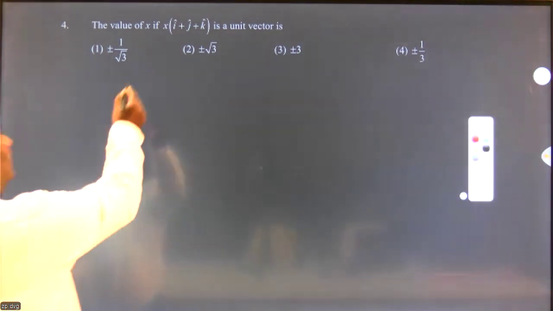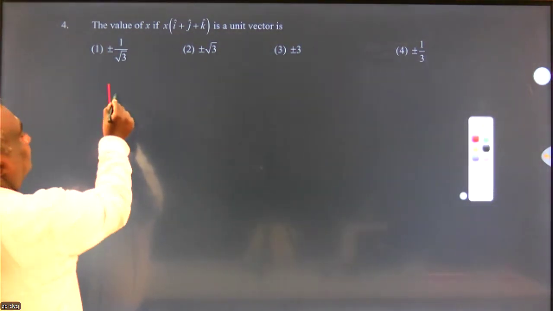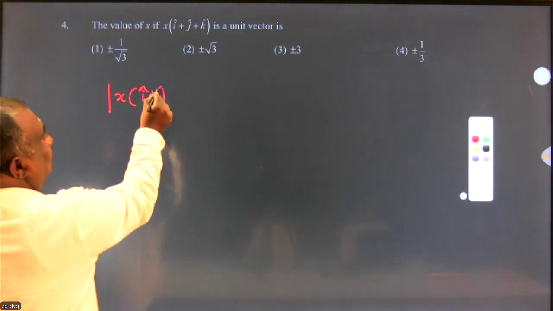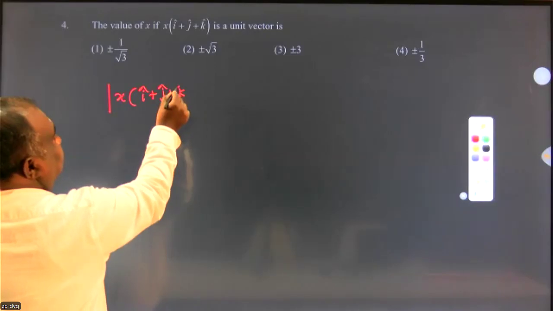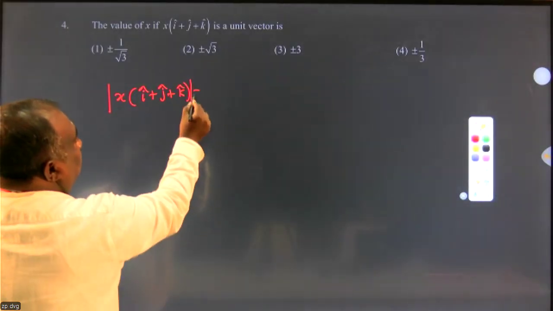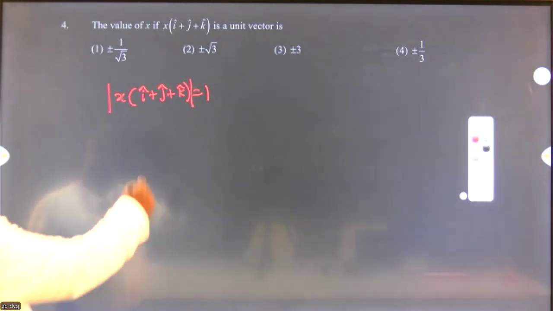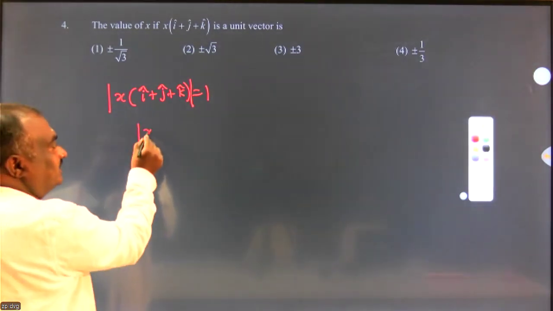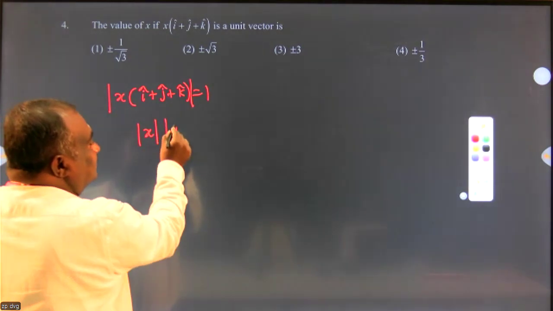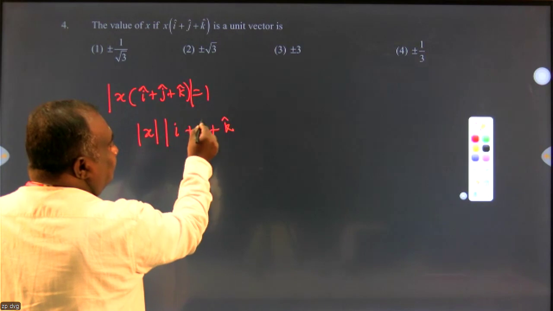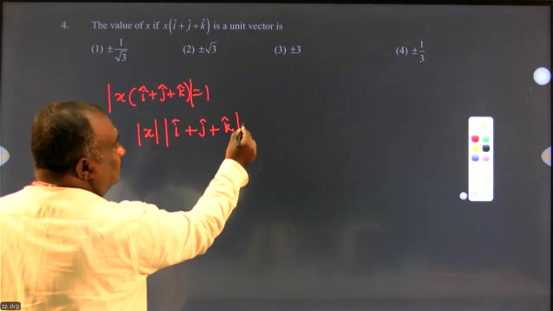That means here what you are getting, observe there, modulus of x into i cap plus j cap plus k cap is equal to 1. Now, modulus of AB. What do you know modulus of AB means? Modulus of AB is modulus A into modulus B. That is modulus of x into modulus of i plus j plus k is equal to 1.